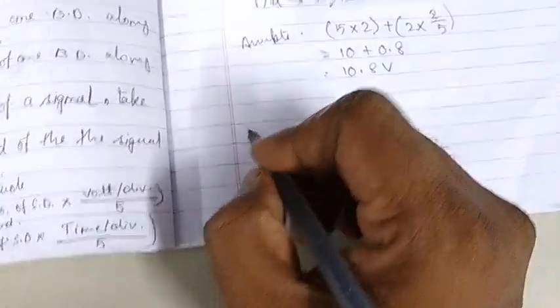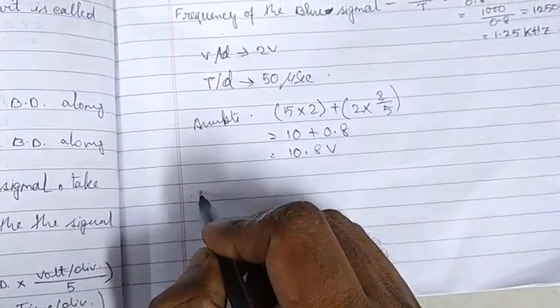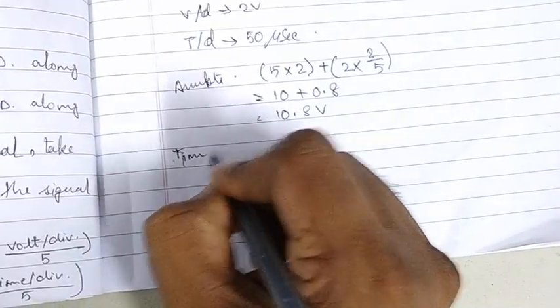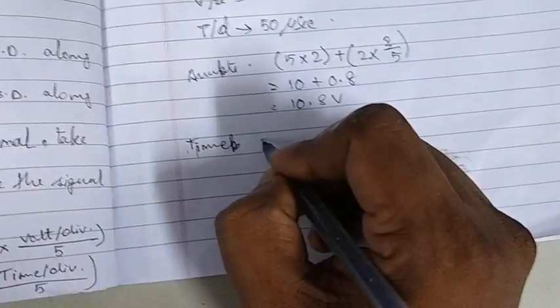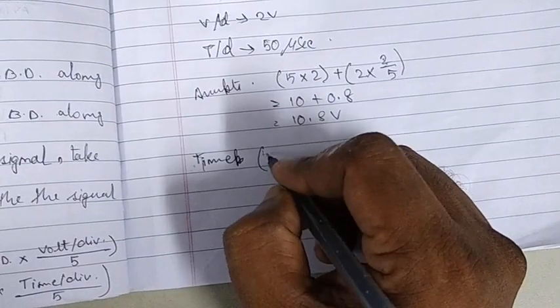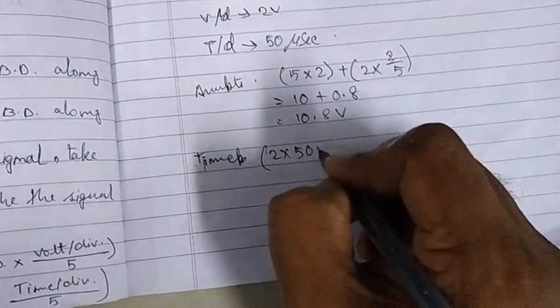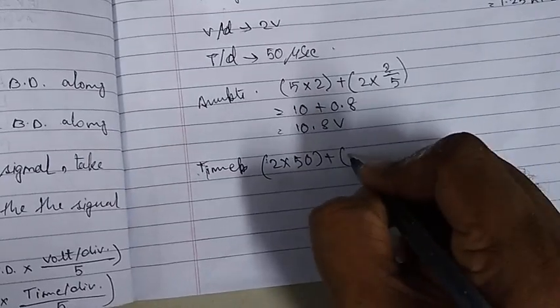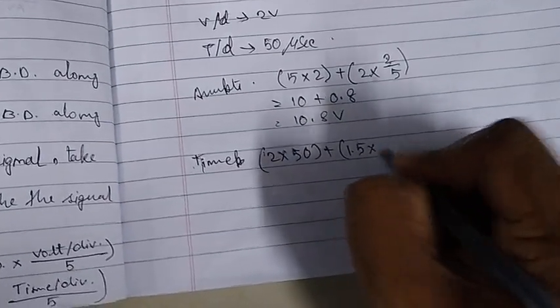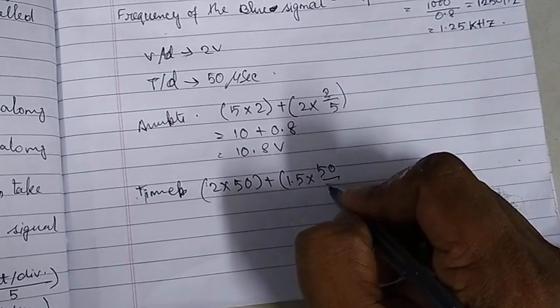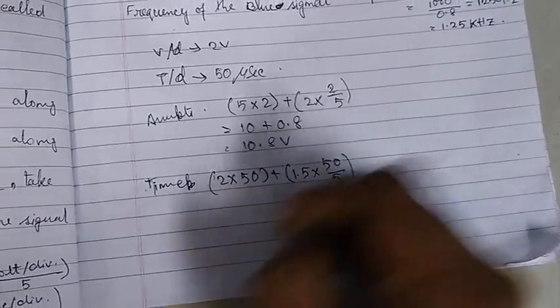So the time period is 2 big divisions into 50 plus 1.5 into 50 by 5.